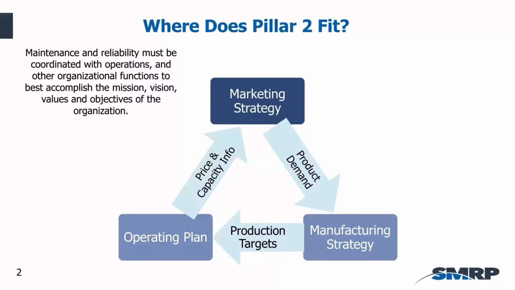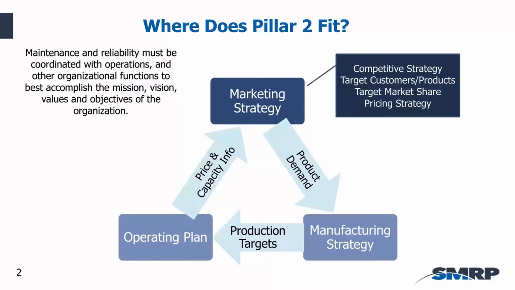Maintenance and reliability must be coordinated with operations and other organizational functions so that you can best accomplish the mission, vision, values, and objectives of the organization. If you remember from Pillar 1, when we talked about the way that a business works and how the maintenance and reliability function supports it, we started out talking about the manufacturing strategy.